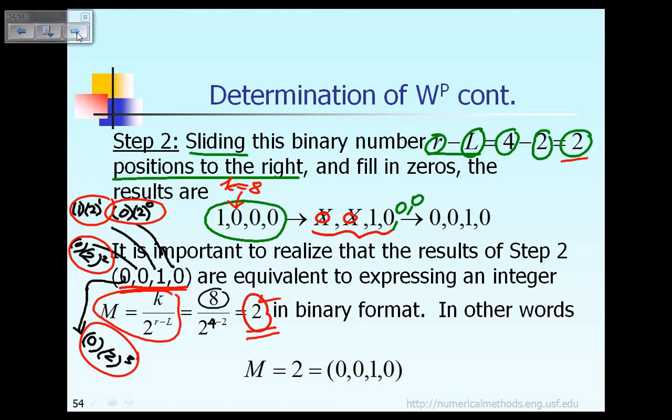So r equal to 4. L is level 2 for this specific case, like I told you earlier. And therefore, the value 2 is the same thing as the value m given by that formula, k divided by 2 raised to the power r minus l. Okay, so that is step number 2.